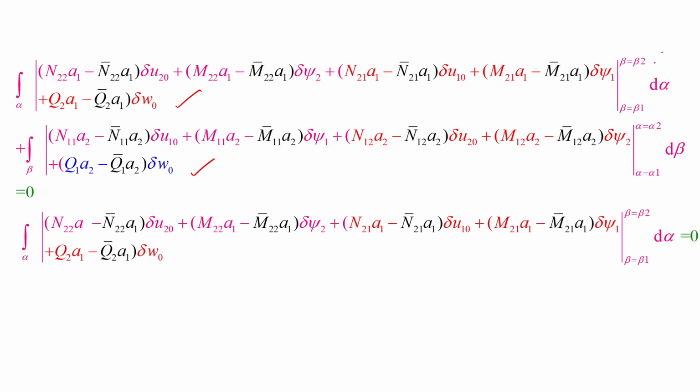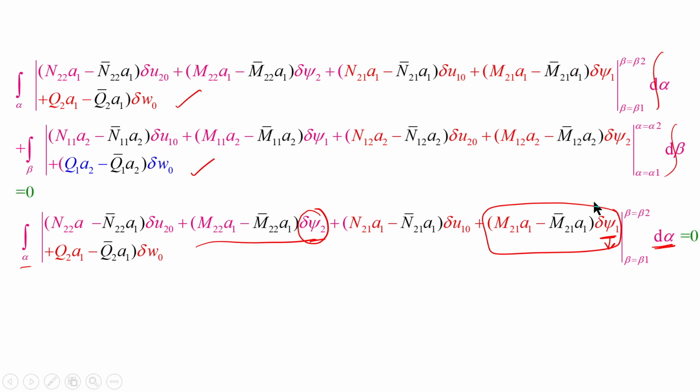That is the edge where beta is constant, the edge where alpha is constant. In this edge, m2 to psi 2, basically let us say rotation, and del psi 1. So, it is integration along alpha. So, this term needs to be modified.